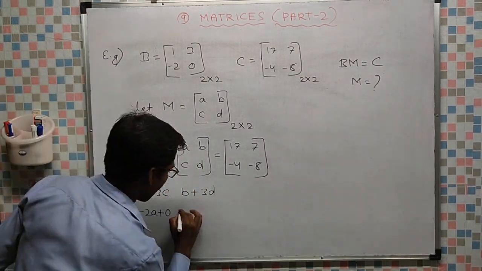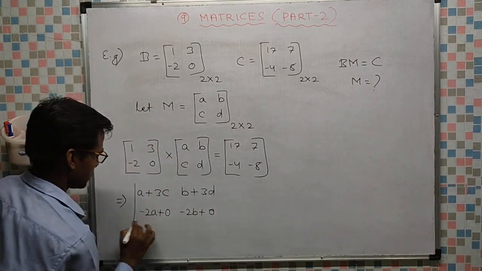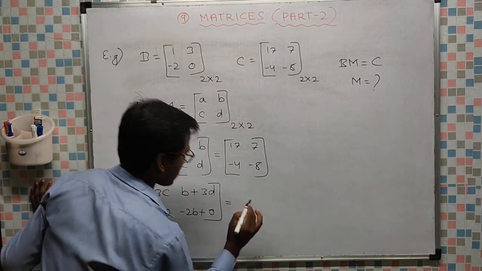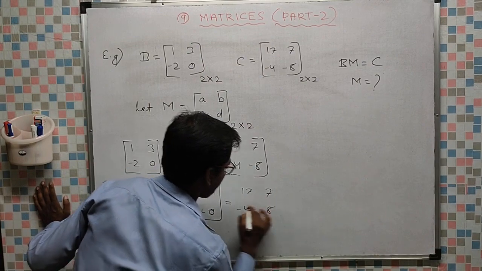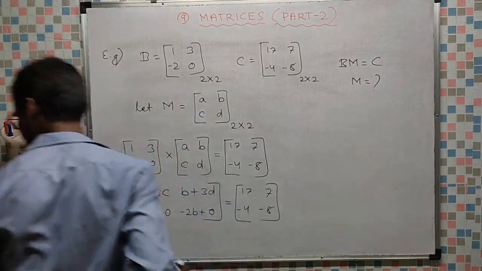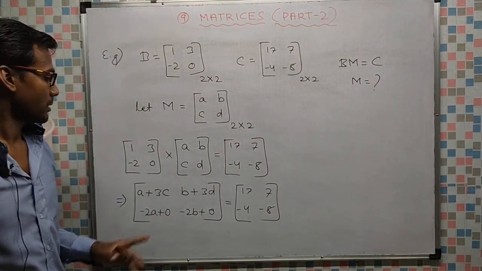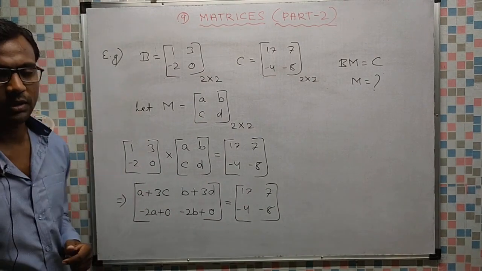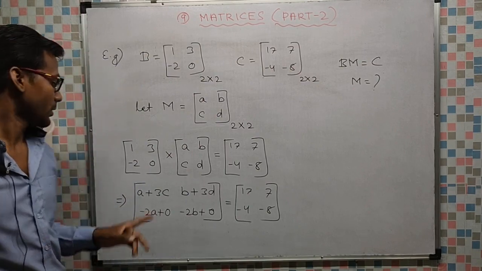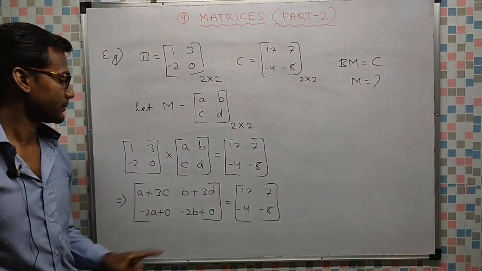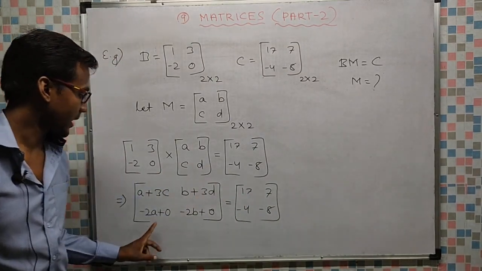Then minus 2 into b is minus 2b, 0 into d is 0, which is equal to 17, 7, minus 4, minus 8. Now we can equate the corresponding elements because these two matrices are equal. If two matrices are equal, their order is same and their corresponding elements are also same. So a plus 3c is equal to 17, b plus 3d is equal to 7, minus 2a plus 0 is equal to minus 4. This can be solved first.